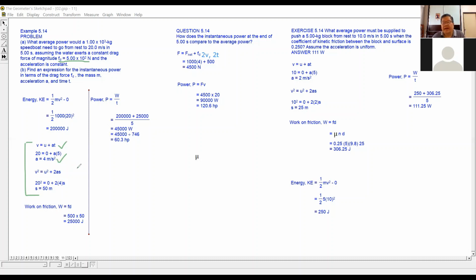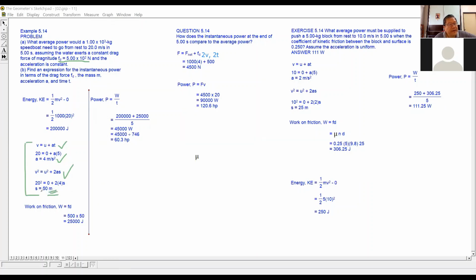But actually we don't want the acceleration, we want the distance traveled during that period of time. So using v squared equals u squared plus 2as, final velocity 20, initial velocity 0, 2 times the acceleration found earlier, 4, and distance is the one we don't know. So we use 400 divided by 8.